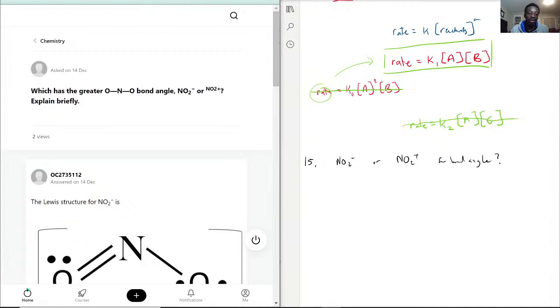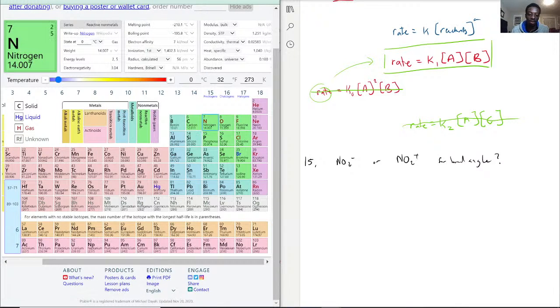So nitrogen, okay, how many electrons does it offer? It is on the 15th column, and for those ones, they have 5 electrons they can contribute. And you can also see this by doing the electron configuration. You'll see that it ends in 2p3 plus the 2s2. It will be in total 5.